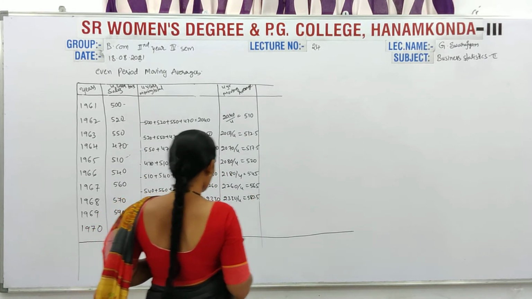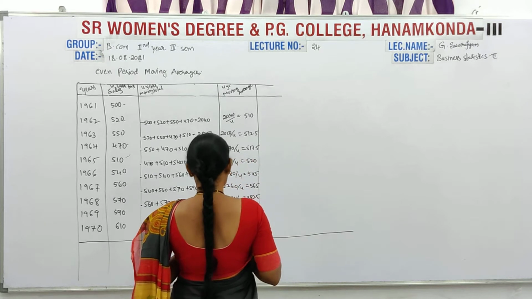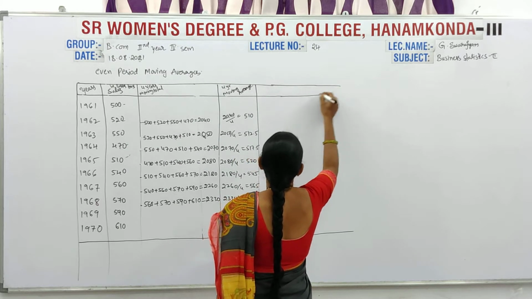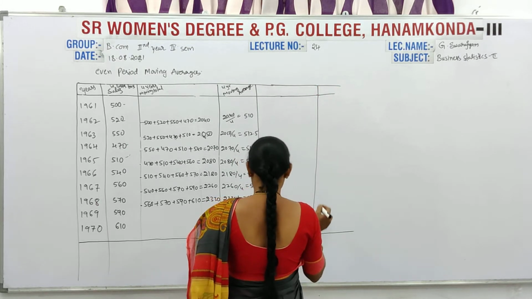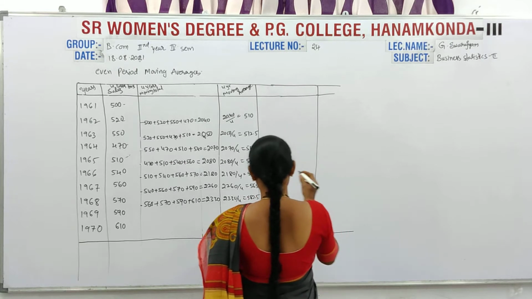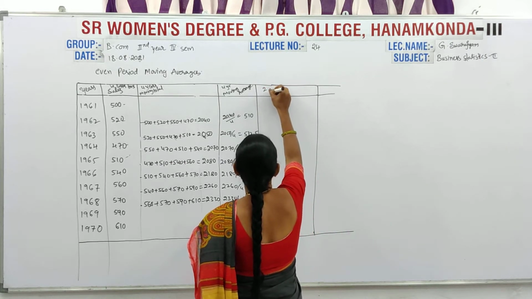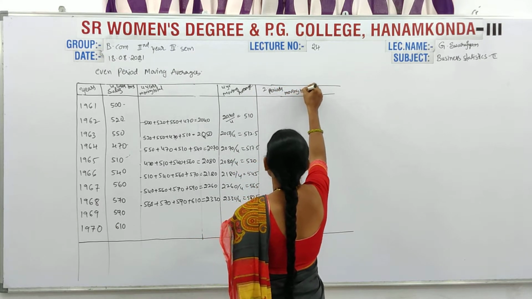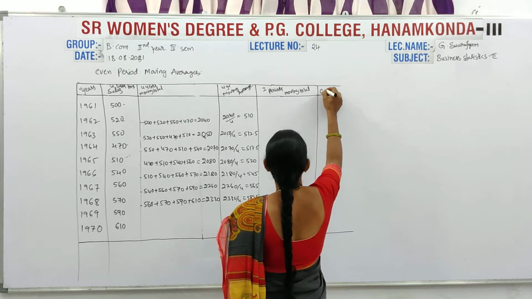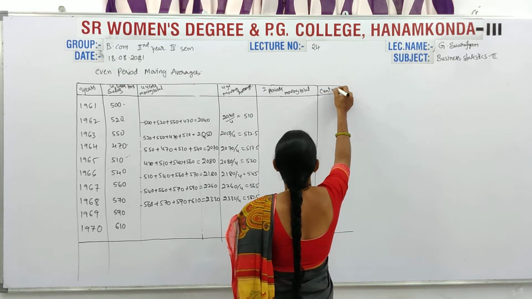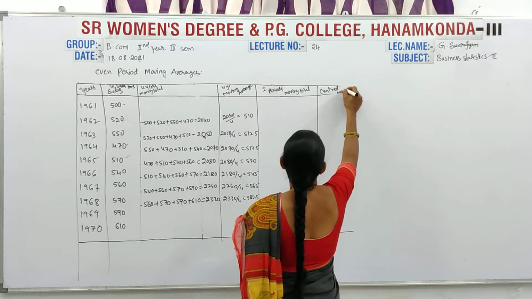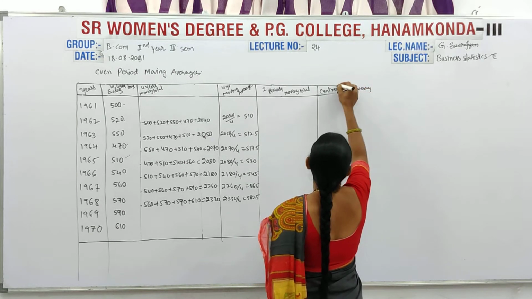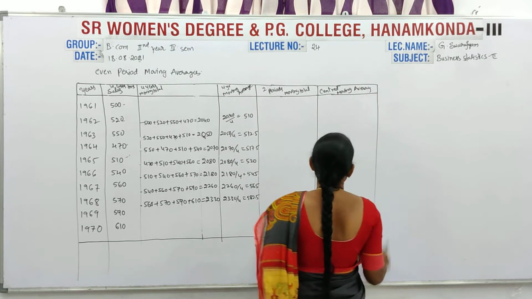Okay, so next the 2 periods moving total, the trend values calculation. These are the centered moving averages, right?